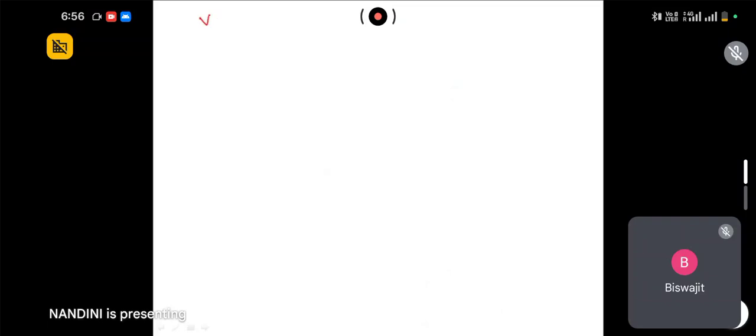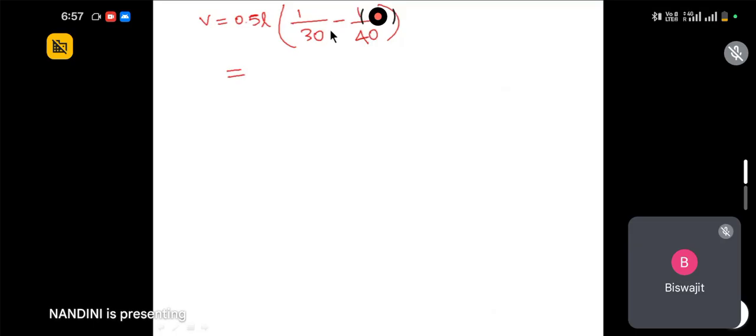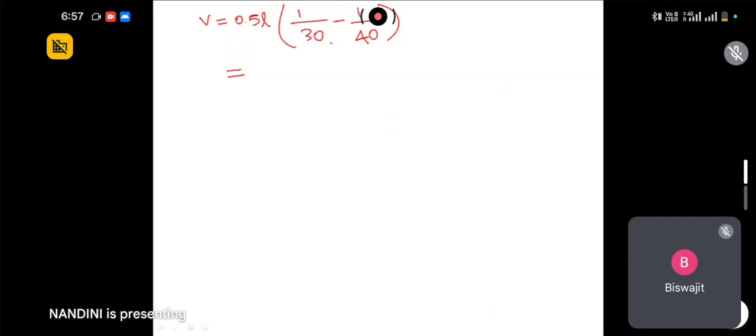So V, the velocity of the wind, is given by 0.5 L into 1 by T1, which is 30 microsecond, minus 1 by T2, which is 40 microsecond. We need to find the speed of sound in meter per second, so we convert it. Both are micro, so I think it will be 10 raised to 6.